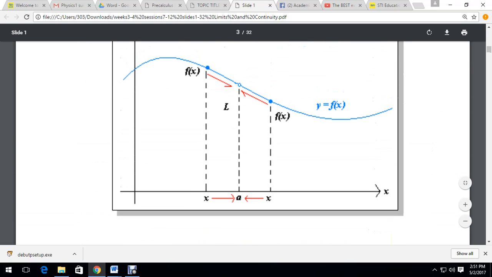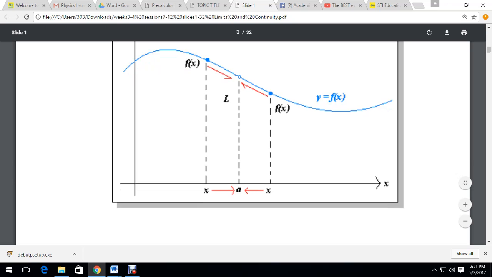For a given function defined on some open interval, for a given epsilon, we could find a delta around the given vicinity of a, so that the limit of f of x at a is equal to L within the given neighborhood.